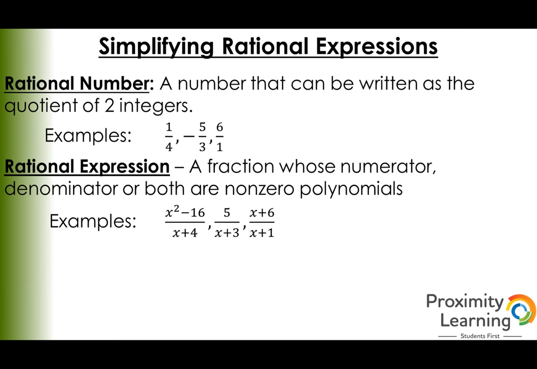So, what a rational number is, it's a number that can be written as a quotient of two integers, aka a fraction. So, essentially, a rational number is a fraction. So we got 1/4, or a quarter, -5/3, and then 6/1.